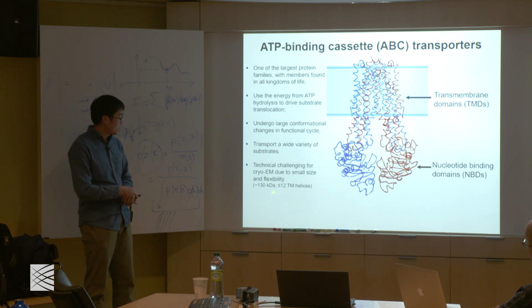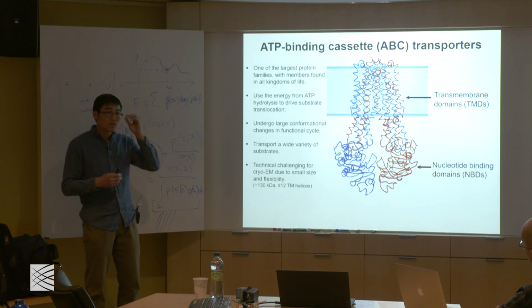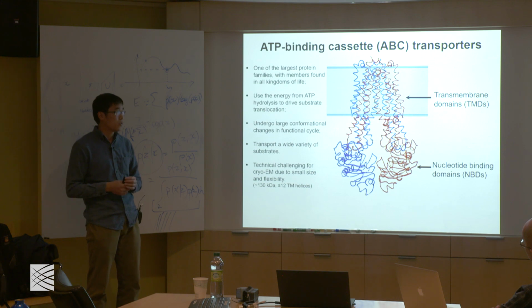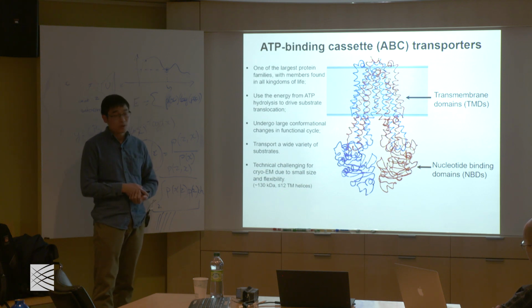In terms of size, it's about 130 kD for the two proteins I'm going to mention, and it has 12 transmembrane helices. Just to give you a comparison, for the NaV channel or sodium channel, it will contain 24 transmembrane helices. So that gives you more signal from the membrane. And also the size is over 200 kD and usually up to 250 kD.